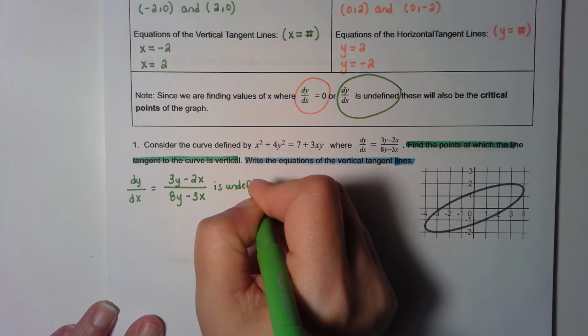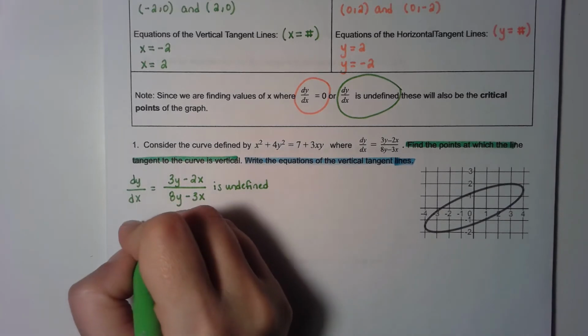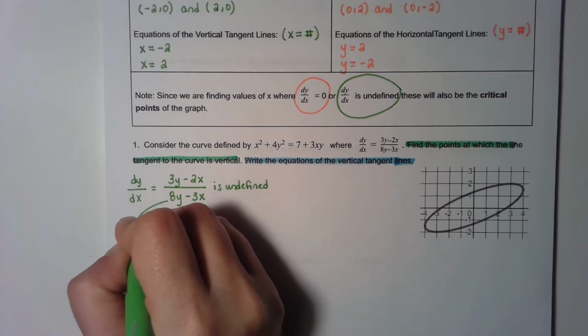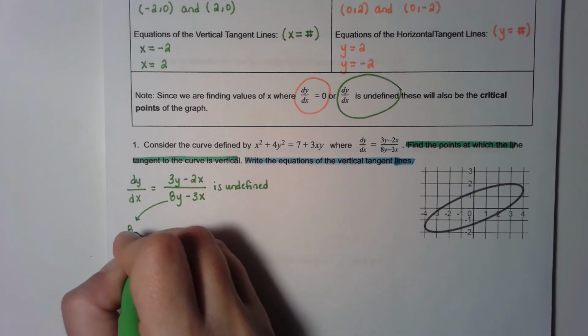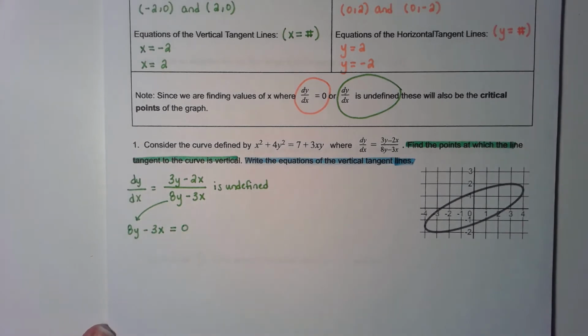Now, what you'll notice is that we have a rational expression as our derivative. It's a fraction. This is going to be undefined when the denominator is equal to 0. So I'm not going to look at the numerator here. A fraction is undefined only when the denominator equals 0. That's what's going to make this undefined.